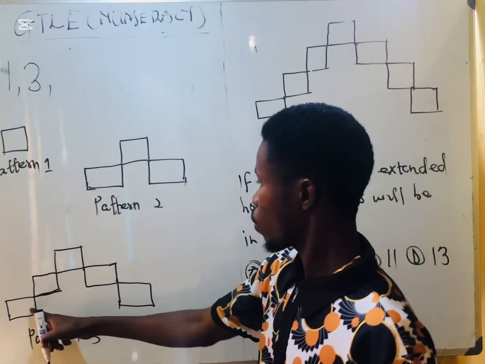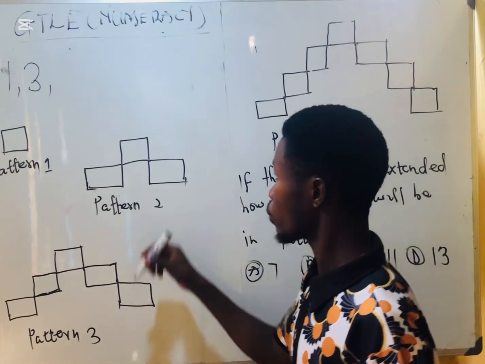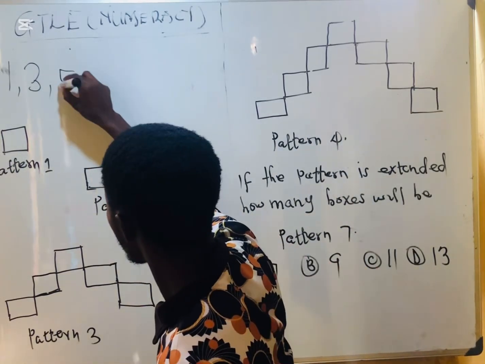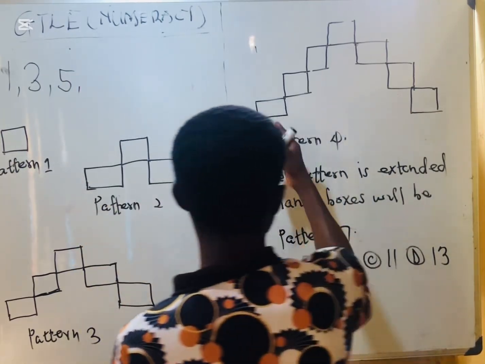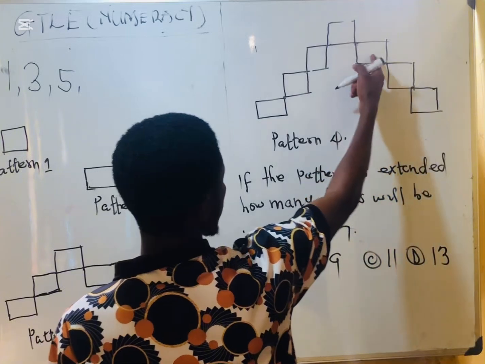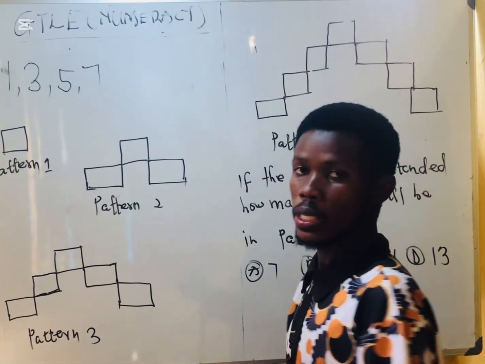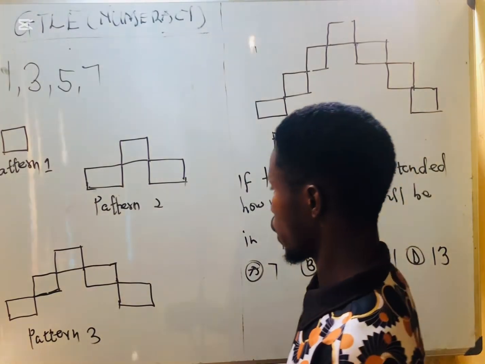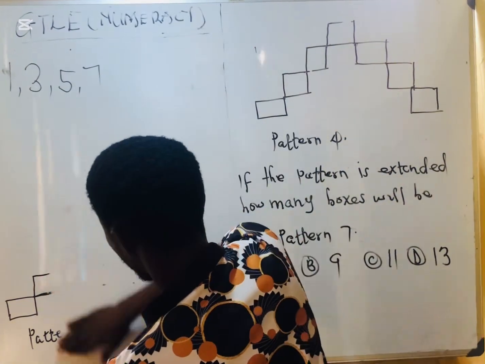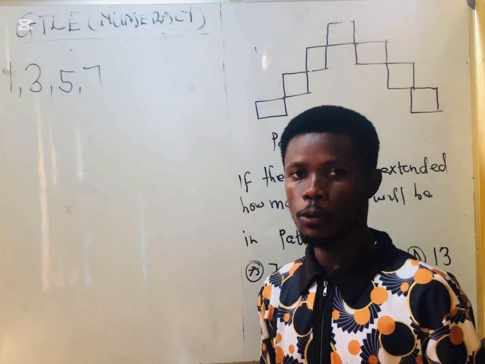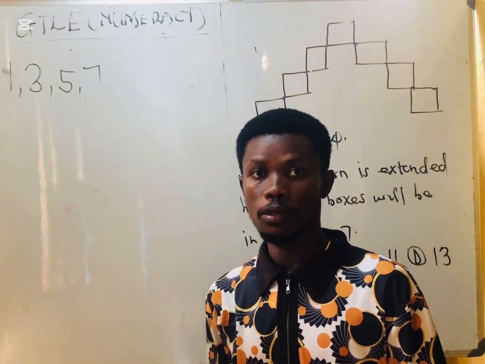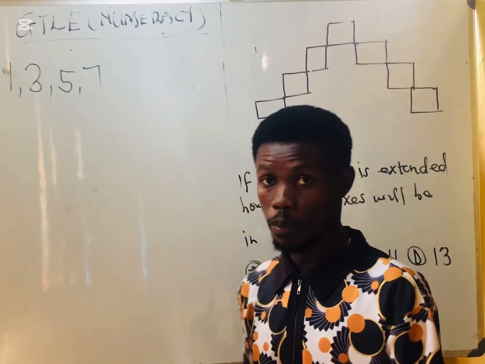The next one, I have 1, 2, 3, 4, 5, 5. Then the last one, 1, 2, 3, 4, 5, 6, 7. So we have 7. So these are the boxes. Now we have generated the numbers from the patterns given.